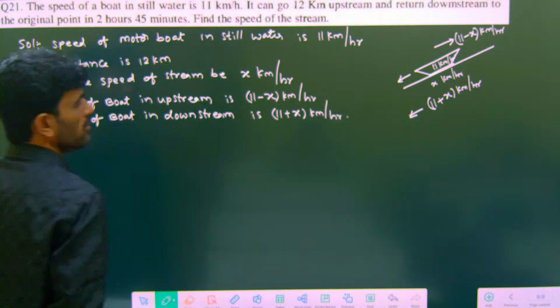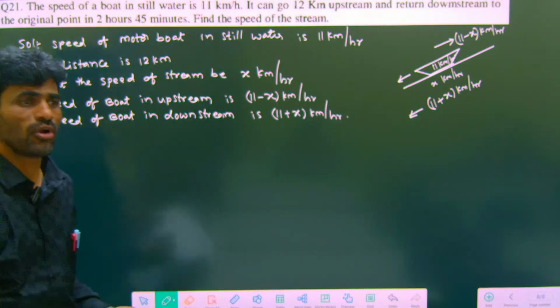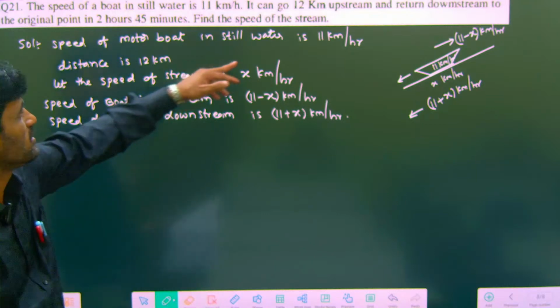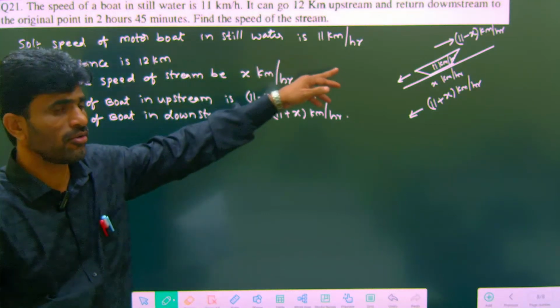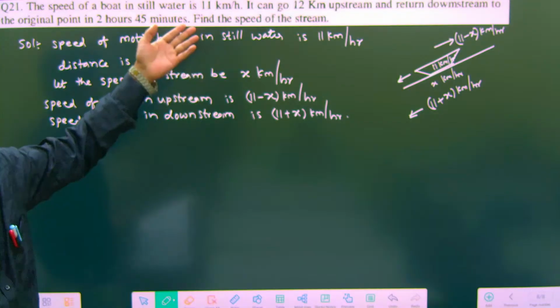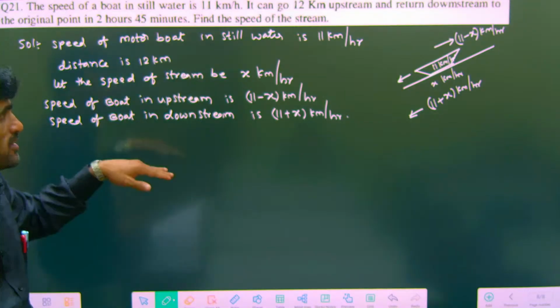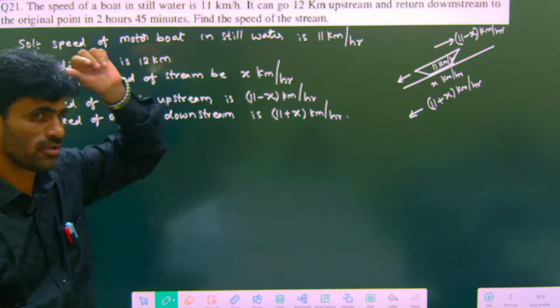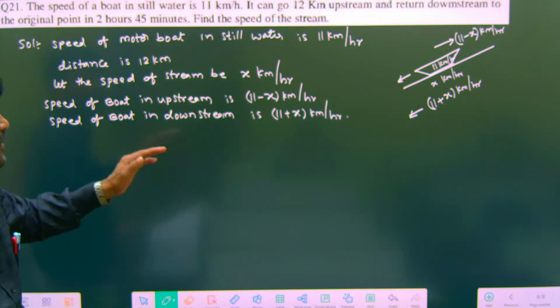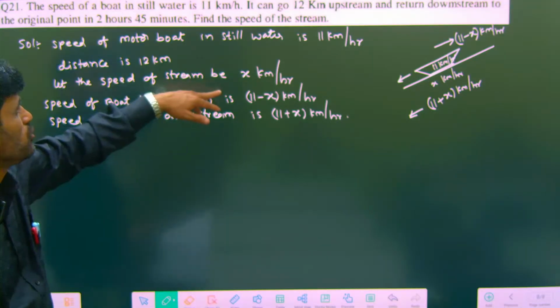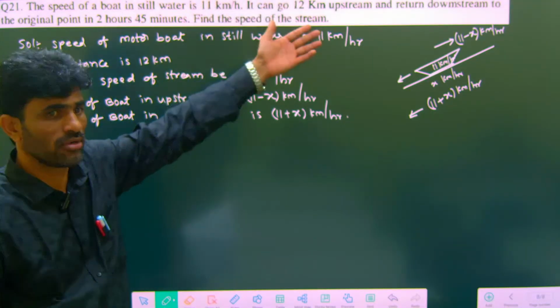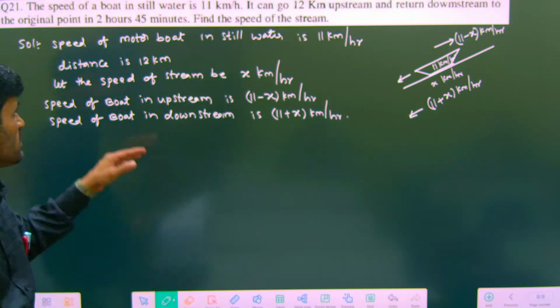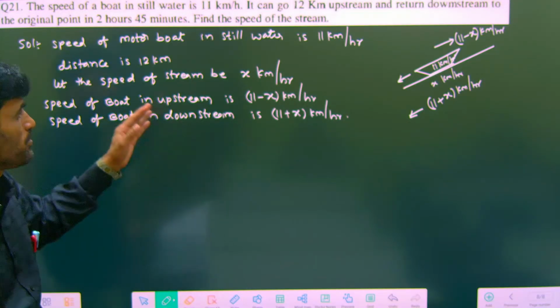So here very important. First, what is the speed of the boat in still water? What is the speed of the stream? We need to separate speed of the boat and speed of the stream. If it is upstream, speed of the stream should be subtracted from speed of the boat, 11 minus x. If it is downstream, speed of the stream should be added to speed of the boat, 11 plus x. And we got speed in upstream, speed in downstream.